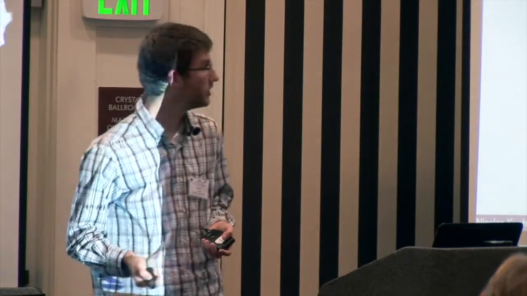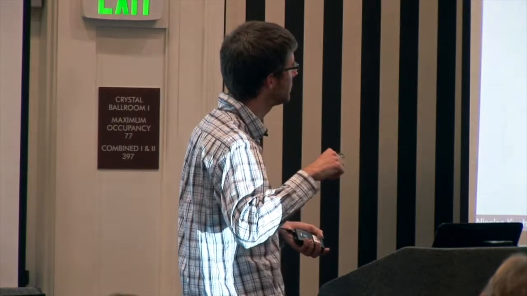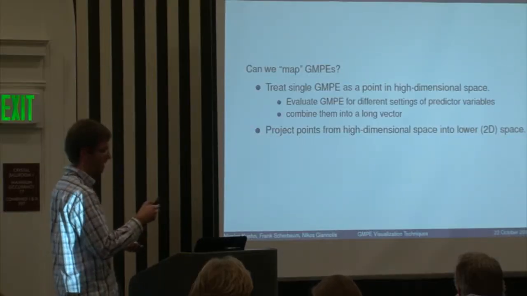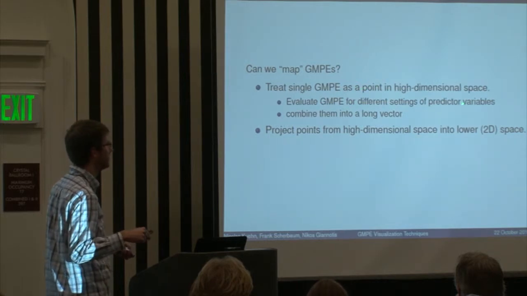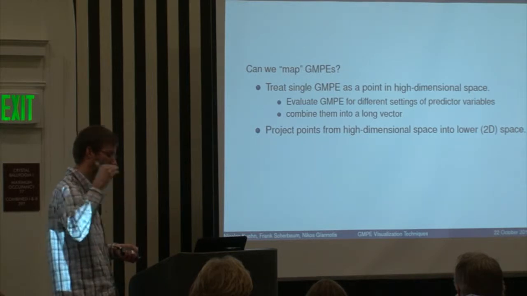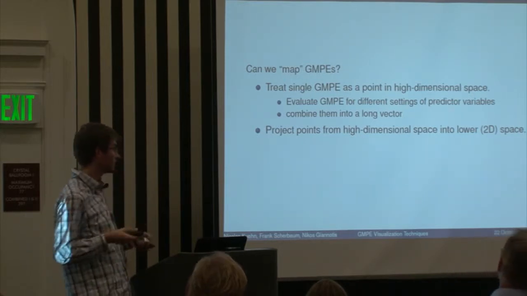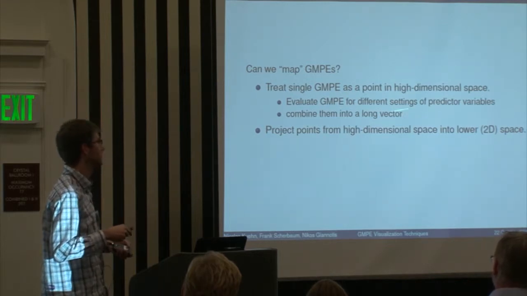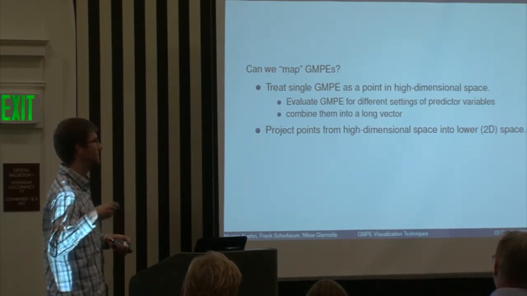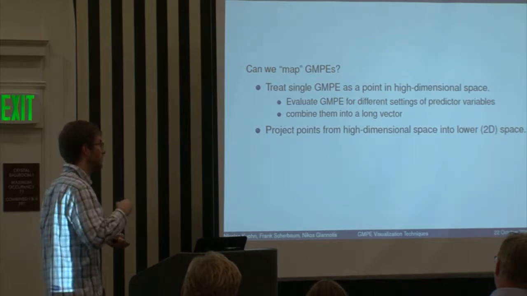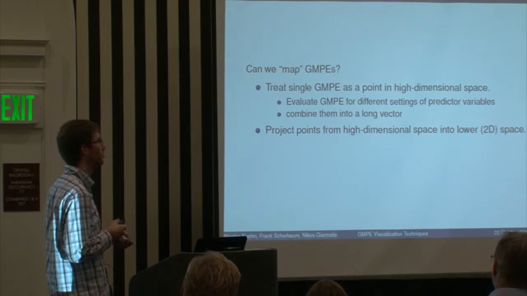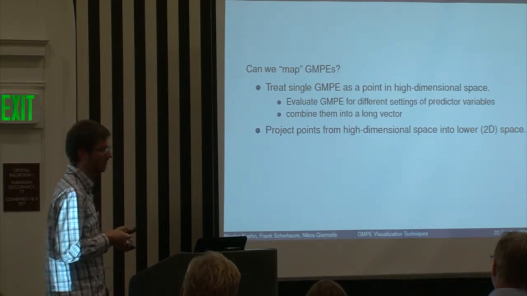Okay. How do we do this? Basically, we treat a GMPE as a point in a high-dimensional space, and we do this by evaluating each GMPE for different settings of predictor variables, so different magnitude, distance, and possibly other predictor variable combinations, and then we're just combining these into a long vector, and this gives us a point in a high-dimensional space, and then we're going to project this high-dimensional point into a 2D space.